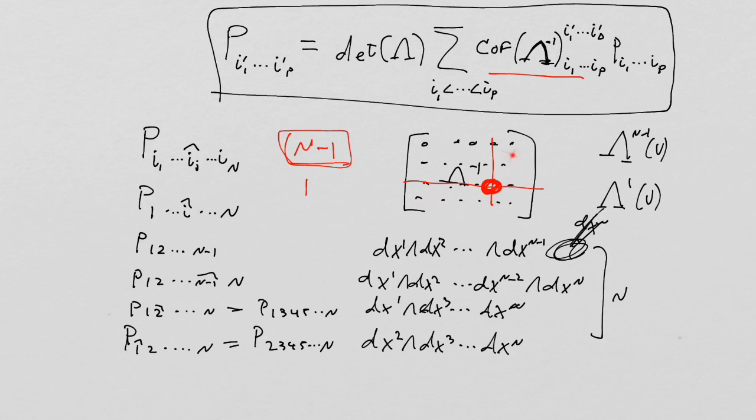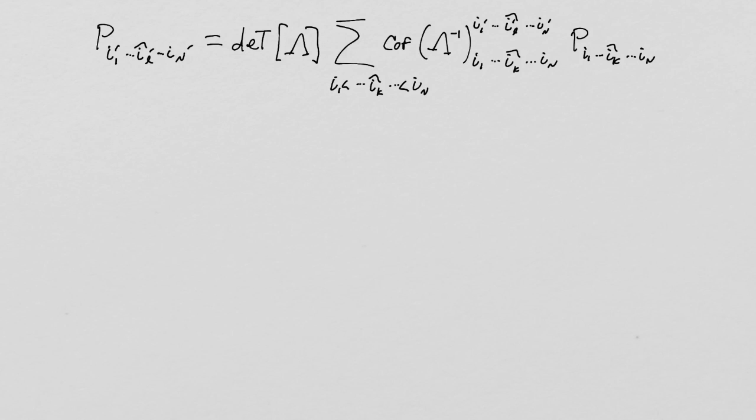The cofactor of an n minus 1 dimensional minor is just going to be a single matrix element. So if I can figure out which single matrix element it is, I can get rid of all this and just replace it with one matrix element of the contravariant transformation matrix.